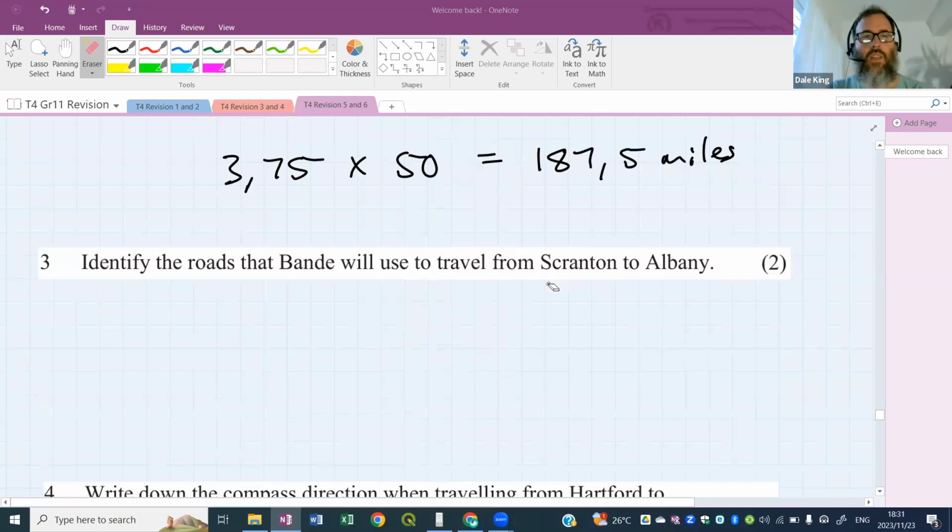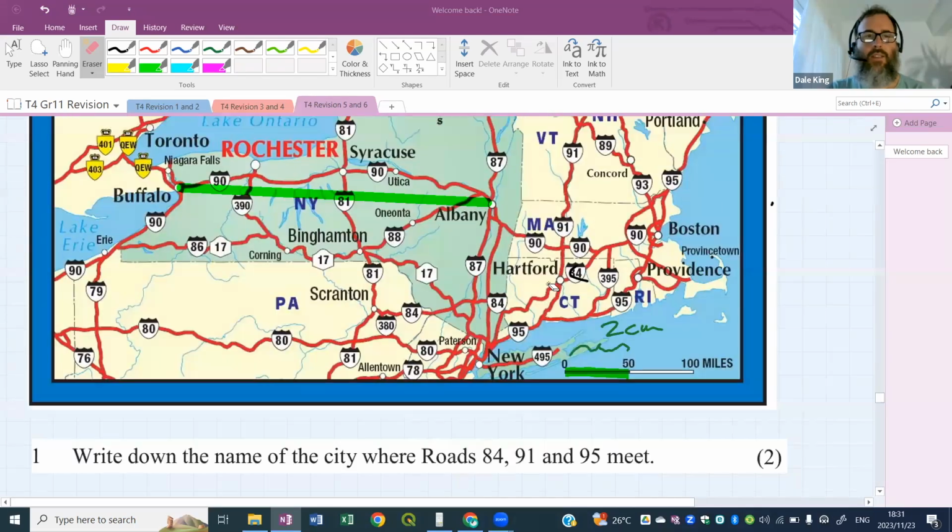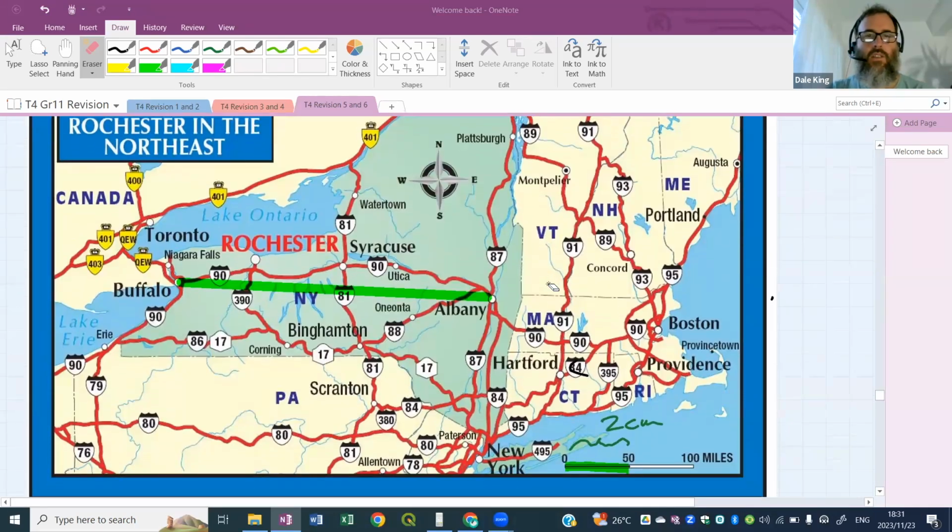Identify the roads that someone will use to travel from Scranton to Albany. Now we know where Albany is. Albany is this little white dot over there that I've highlighted in green. Scranton is down here.